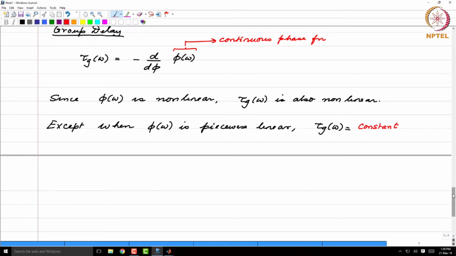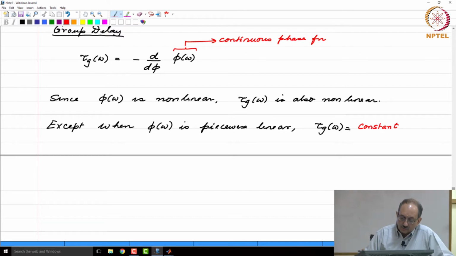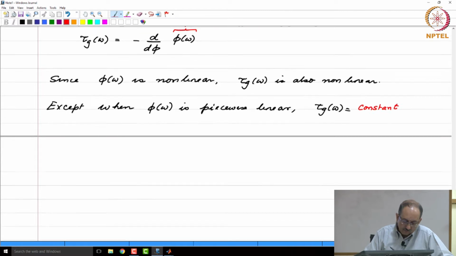The only question that might come up in your mind is, for example, for the cases that we have seen earlier, the phase response is something like this.